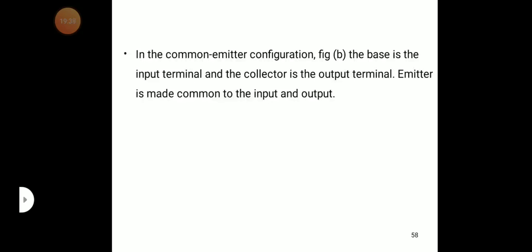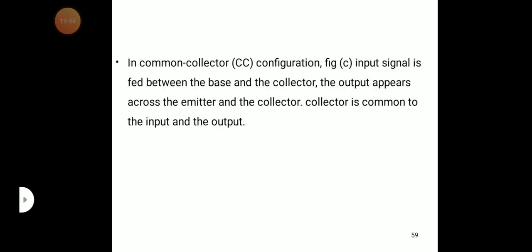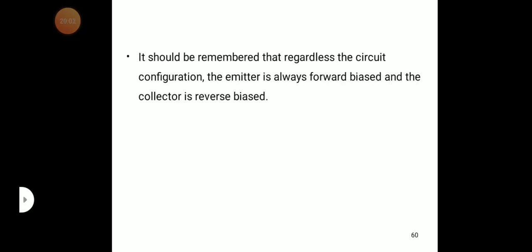In the common emitter configuration, the base is the input terminal and the collector is the output terminal. The emitter is common to the input and output. In the common collector configuration, the input signal is fed between the base and the collector. The output appears across the emitter and the collector. The collector is common to the input and output.